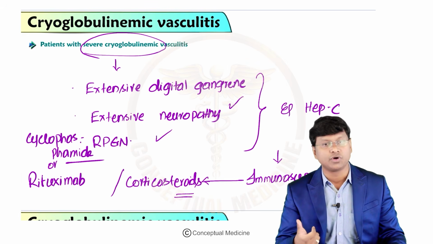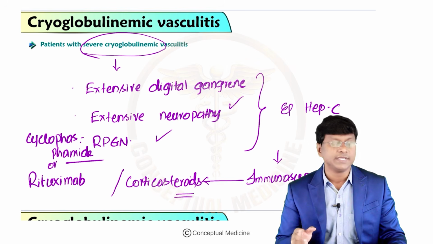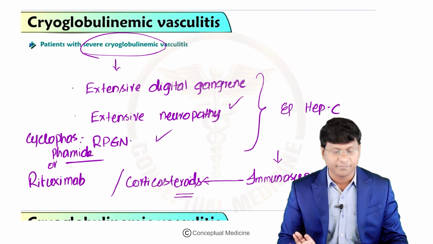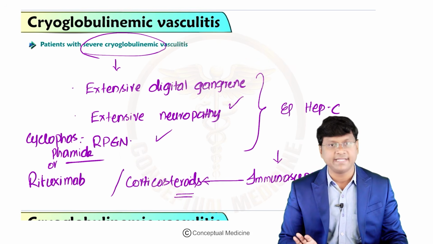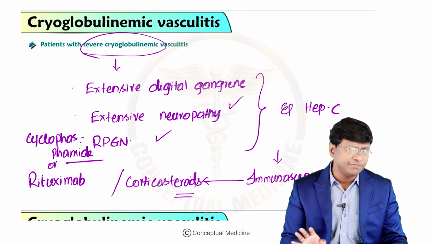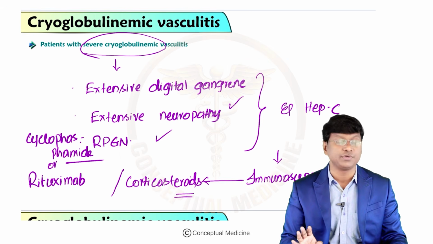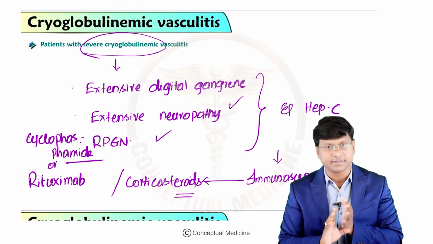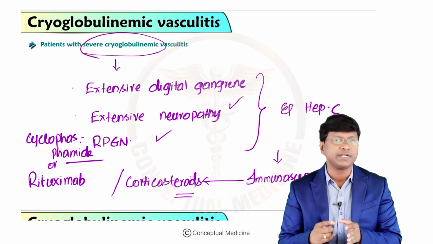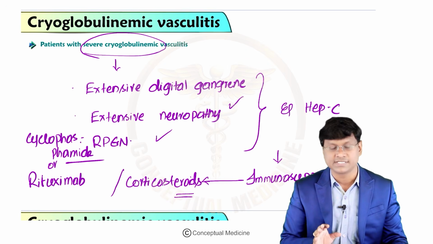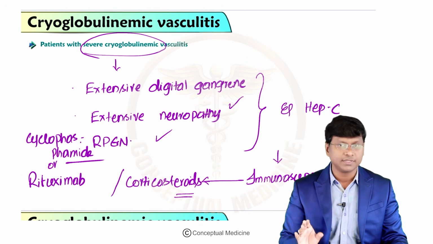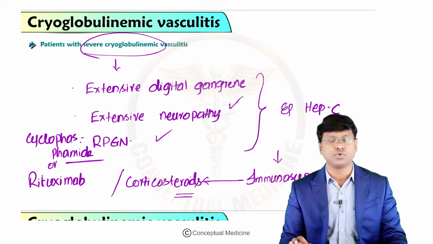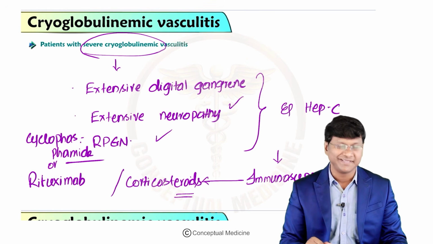Disproportionately low C4 or rheumatoid factor, or even both, can be diagnostic clues for the presence of cryoglobulins. For treatment, you mainly need to give antiviral regimens, and in patients with severe cryoglobulinemic vasculitis you need to give immunosuppressive therapy, that is steroids, or you can give rituximab or cyclophosphamide along with the antiviral agents. So this is, in short, about cryoglobulinemic vasculitis. Thank you very much.